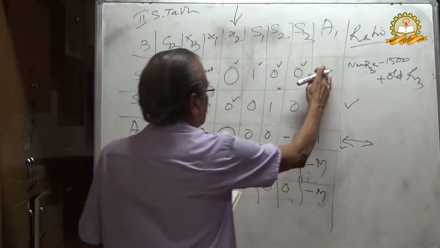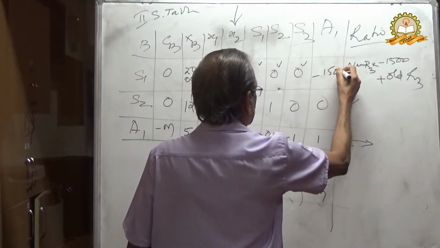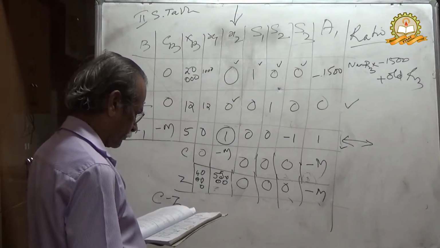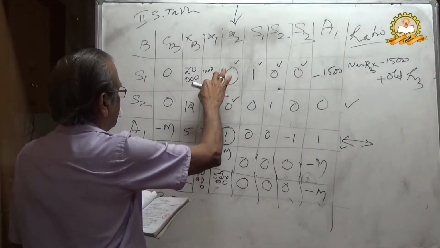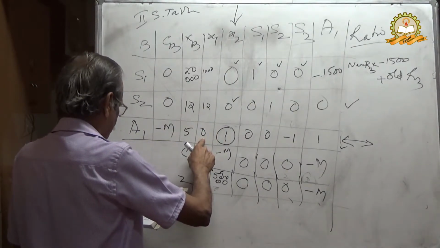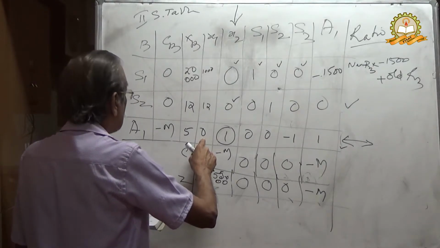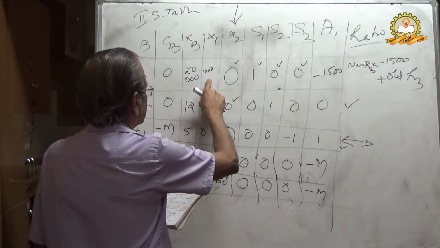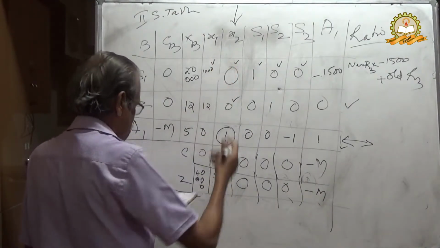One into negative 1500. Here again 0 into negative 1500 plus 1000. About this remains.